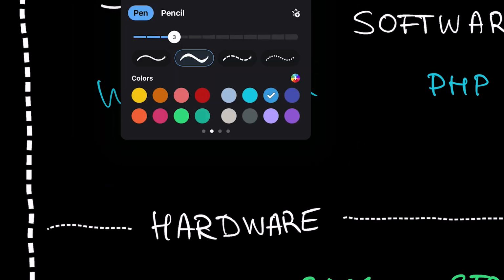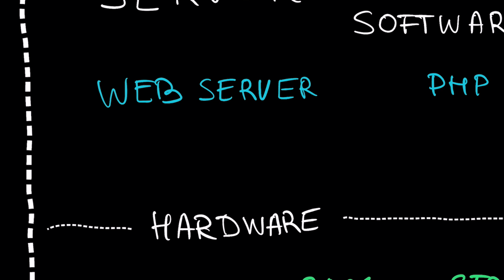So the first piece of software that you interact with is a web server. That can be Apache, which is still the most popular and the oldest web server you can get. Has a lot of modules, can be configured in different ways, and it's okay.